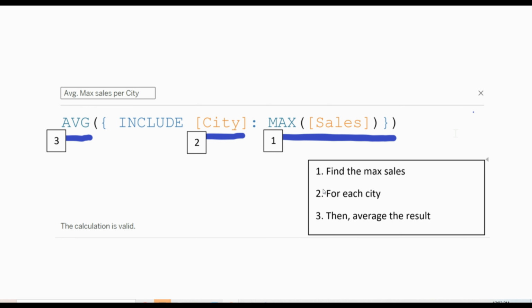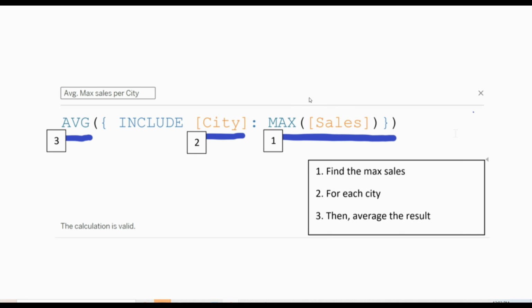See here, this is how the include statement works. Average is the aggregation which we have used, and inside that we are including the city: include city, maximum sales. So we are doing two aggregations here. Which will evaluate first?